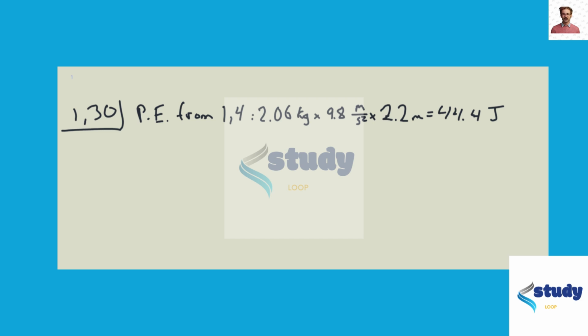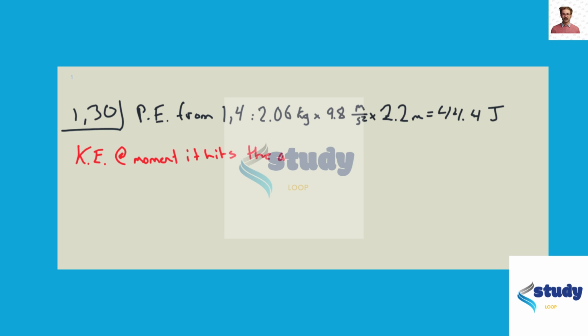Now to find out the kinetic energy, we look at the problem and it tells us to assume that energy is conserved and 100% of potential energy has been converted to kinetic energy.